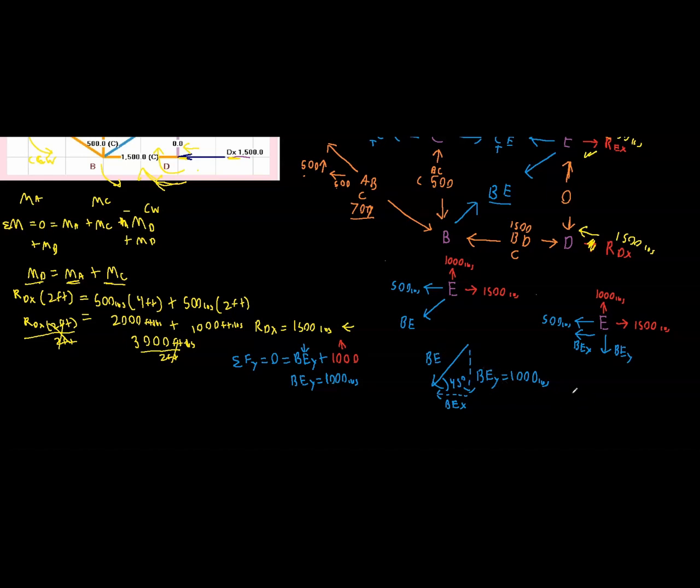And so how do I do that? Well, I'll say the sine of my angle, which is 45 degrees, is equal to BEY, which we just said was 1,000 pounds, divided by vector BE. And so to solve for this, I'll multiply by BE on both sides, and BE cancels out on the right, and then I can divide by the sine of 45 on both sides.